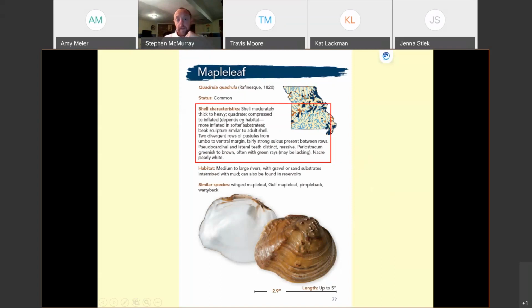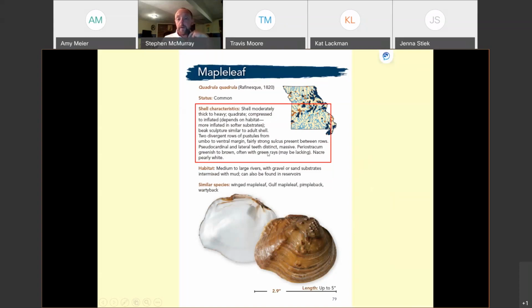But again, that depends on the habitat, and they tend to be more inflated in softer substrates. The beak sculpture is similar to the adult shell. You can see we have these dots that just start going up, and I know from experience they continue all the way up onto the umbo. Two divergent rows of pustules from umbo to ventral margin, right there and there, often separated by a sulcus.